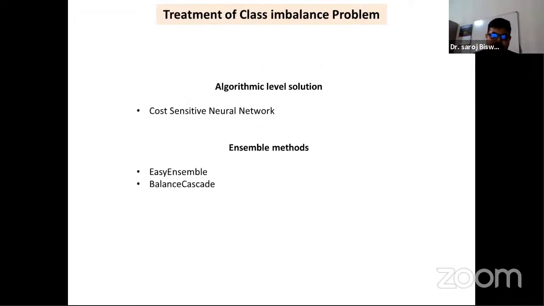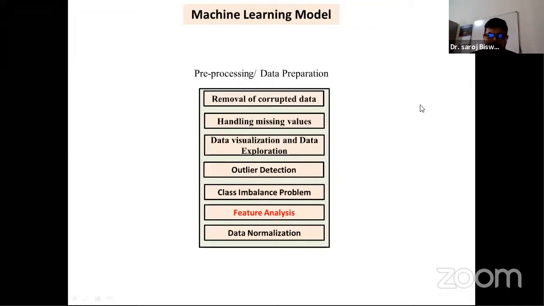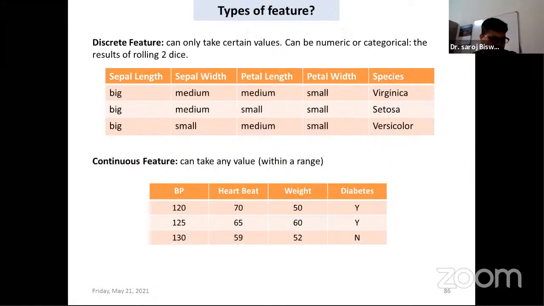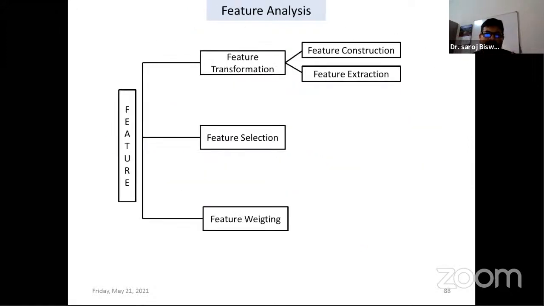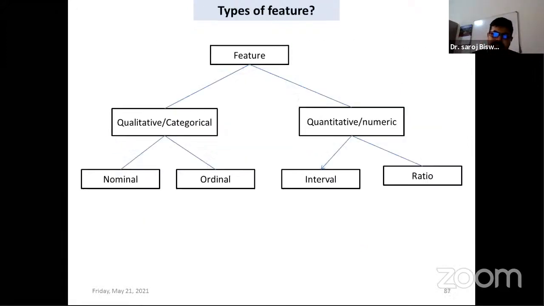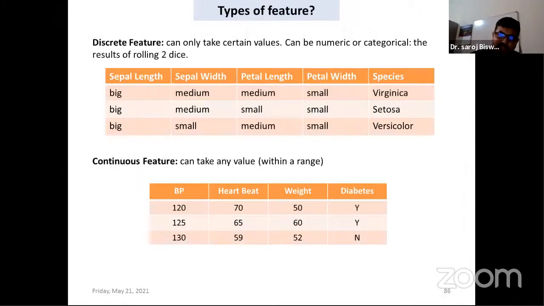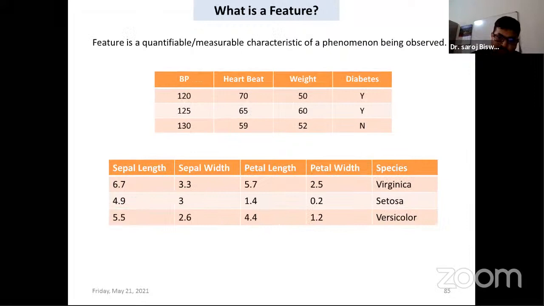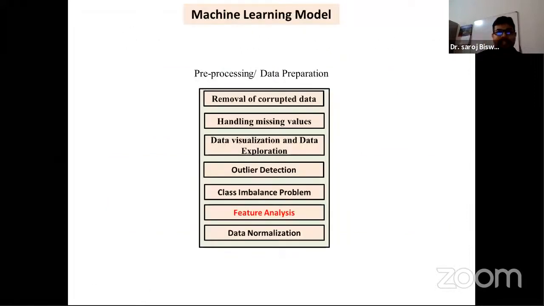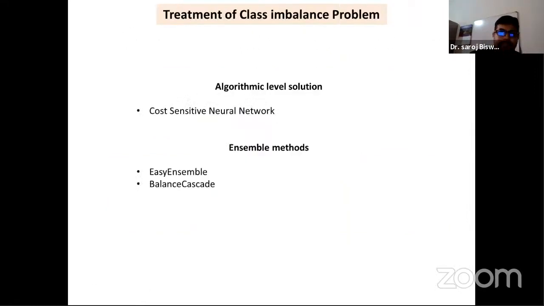After that, we have the algorithmic approach and the ensemble approach, which we are not going to discuss. After that, we have feature analysis: what is a feature extraction algorithm, a feature selection algorithm, and which kinds of algorithms are there. Next day we'll see all those things. Today we'll do hands-on practical work with the class imbalance problem.